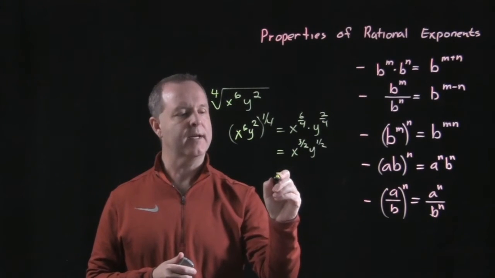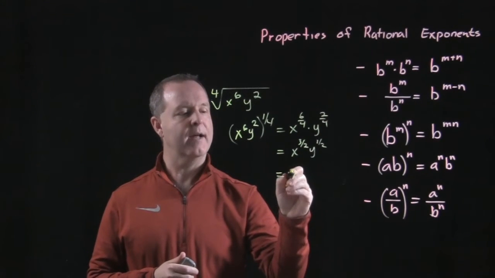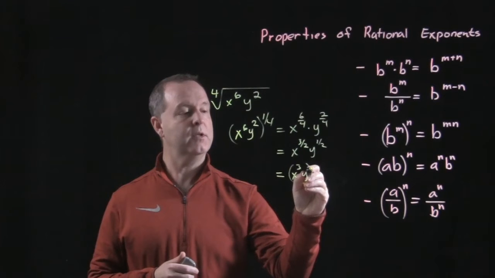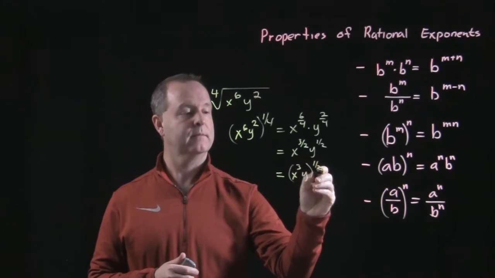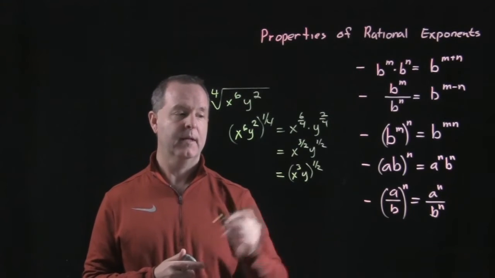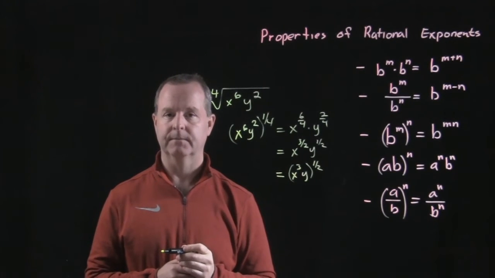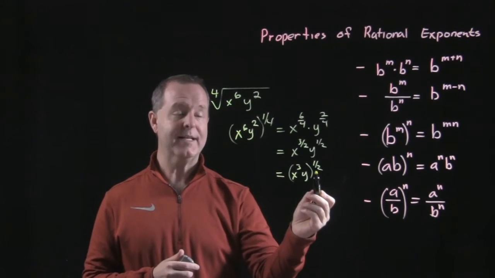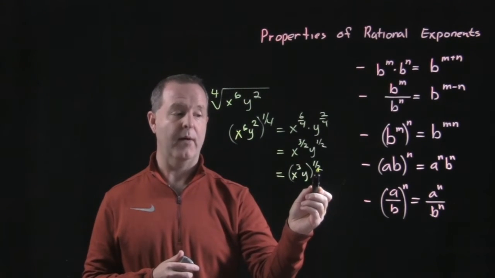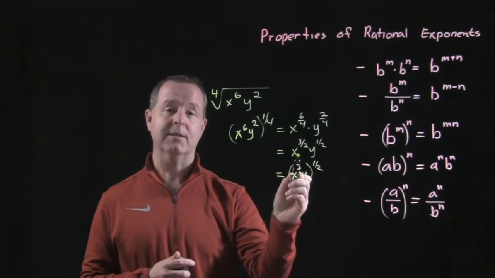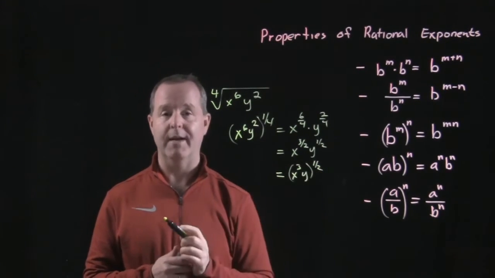So if I was clever here, I could recognize that I have x cubed times y all to the 1/2. I factored out a 1/2 from both of those terms and put that outside the exponent. Did that make sense? Well, think about it going backwards. What if I started here and went backwards? Well, I would take this 1/2 and distribute it across both bases, so it would become x to the 3/2 and y to the 1/2.